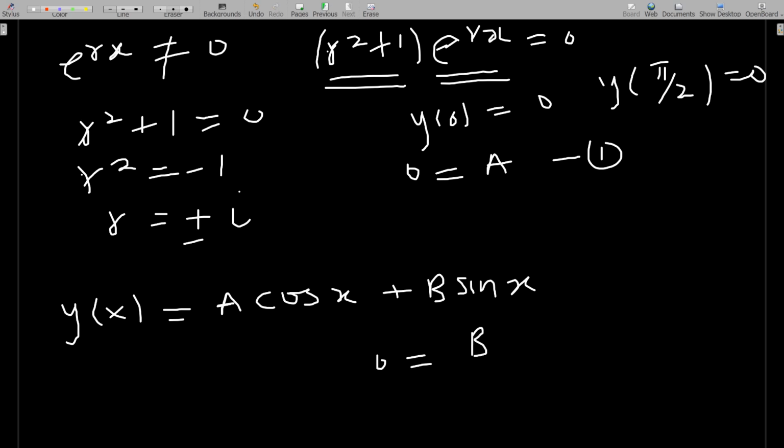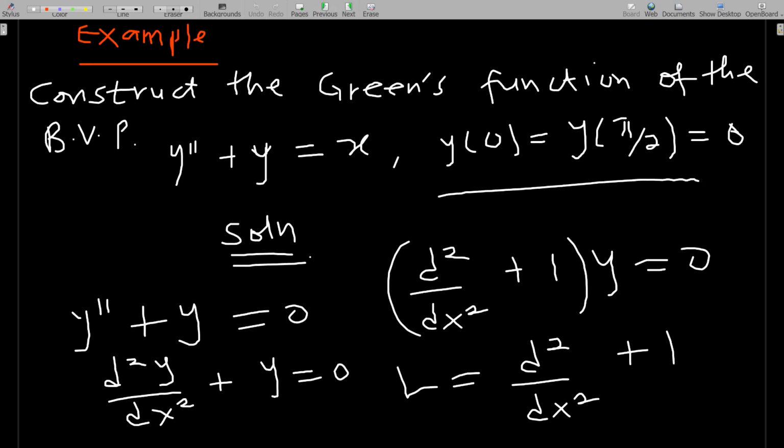So I have b is also equal to 0. So from equation 2 and 1, you could see that b is 0, a is 0, meaning that y of x is equal to 0, which is the trivial solution. So this means that a Green's function exists for this particular BVP. If it exists, then let's go ahead and start finding it.